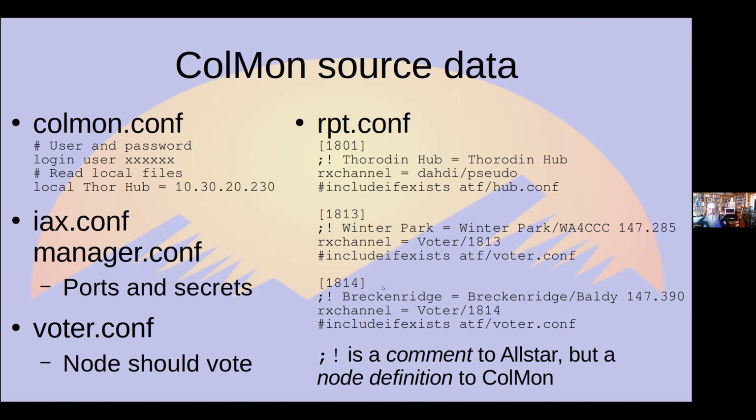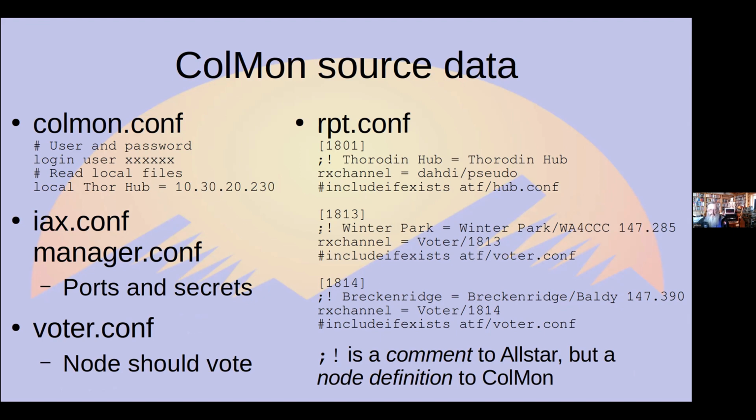And then in the rpt.conf, which is basically the main configuration file, thanks to Mark and 7CTM, in the CallMon instances, there is this include if exists that sort of nicely wraps all of the settings for each of the nodes. But then you say it's an RX channel pseudo or an RX channel voter.